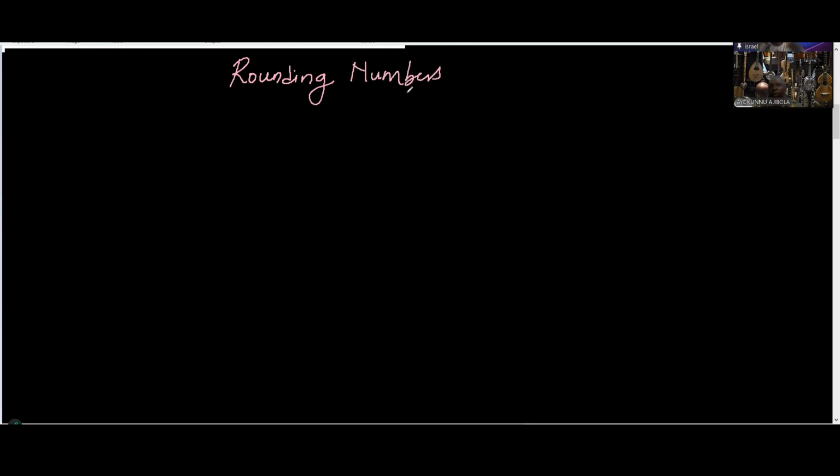We could either round up or round down. So when do we round up? When the digit after the place value we're considering is between 5 to 9, we round up.